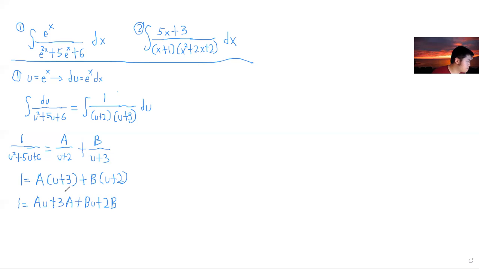We also say that 1 is equal to u times a plus b, we factor it out, plus 3a plus 2b.